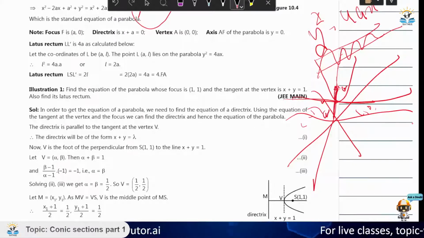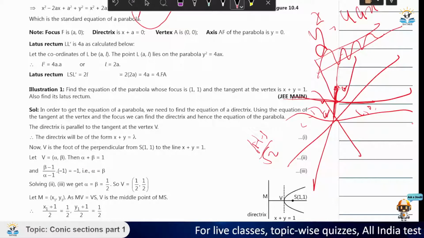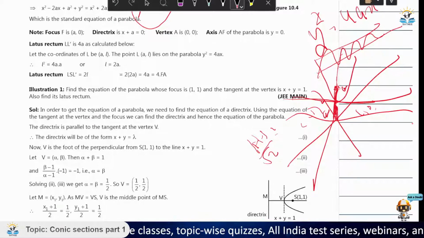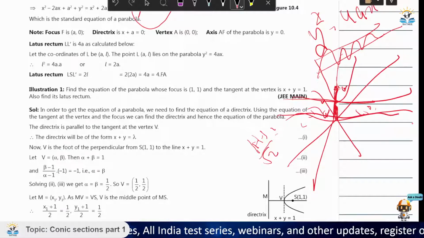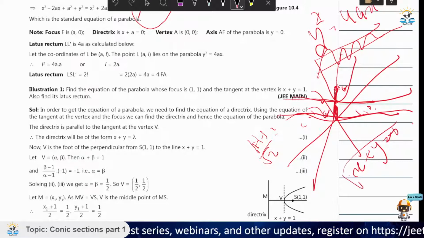So the distance between (1, 1) and the line is equal to 1 by root 2. So I want the same on the other side also. So the equation becomes, the directrix is x plus y equals 0.